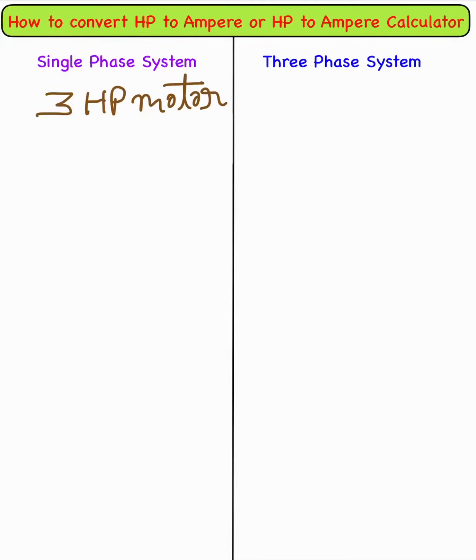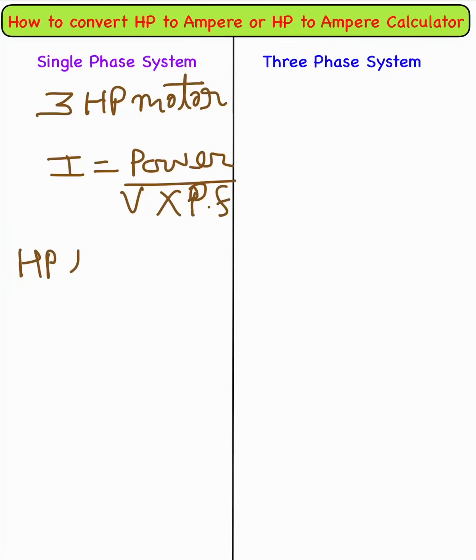We know that the current is equal to power upon voltage into power factor. First we have to convert HP to watt, and we know that 1 HP is equal to 746 watt.